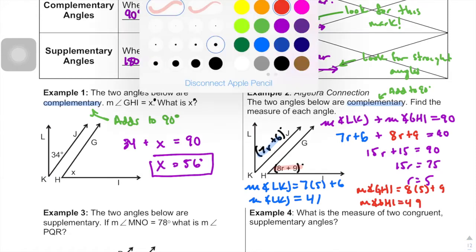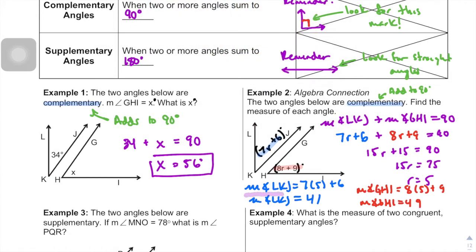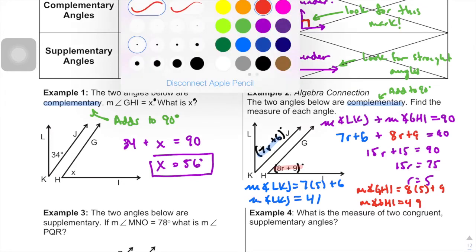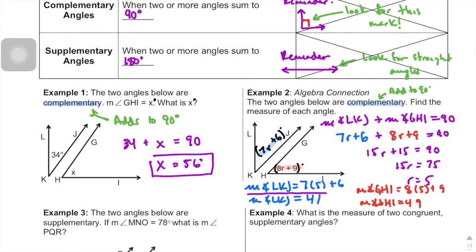So our two answers: the measure of angle LKJ is 41, and the measure of angle GHI is 49. And you can double check, 41 plus 49 does add up to be 90. So we've done this correctly.